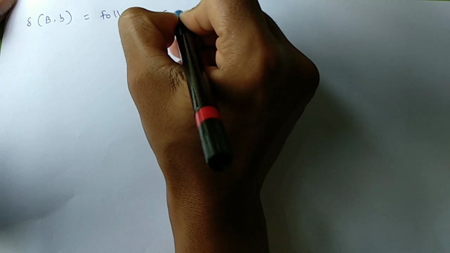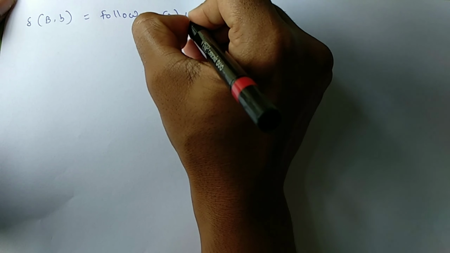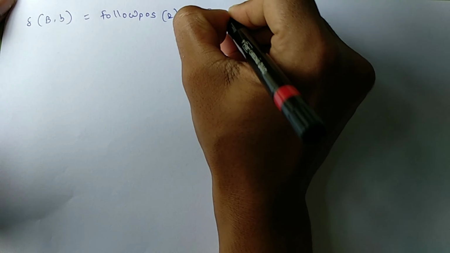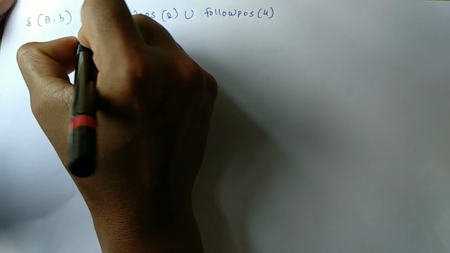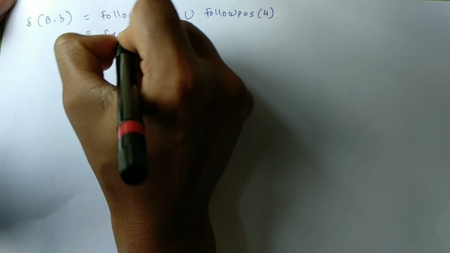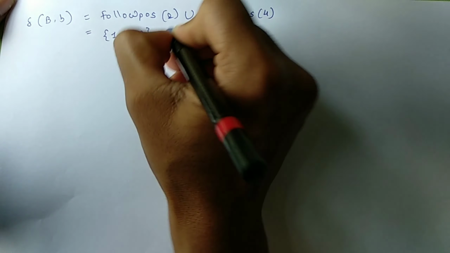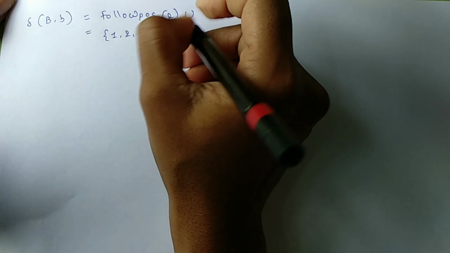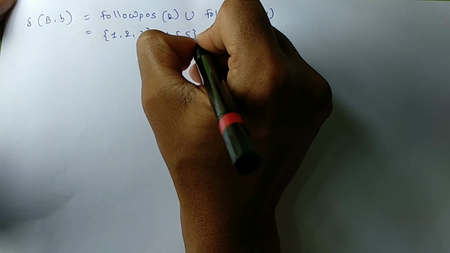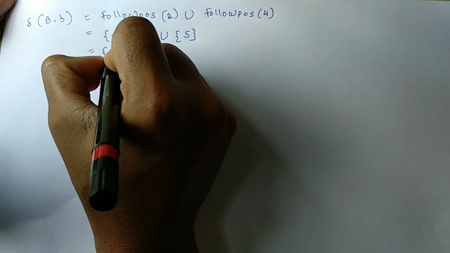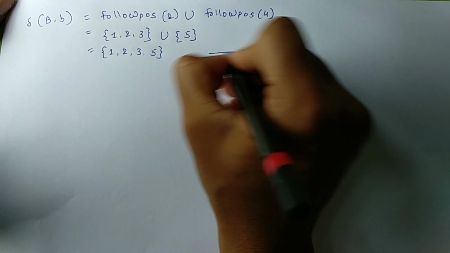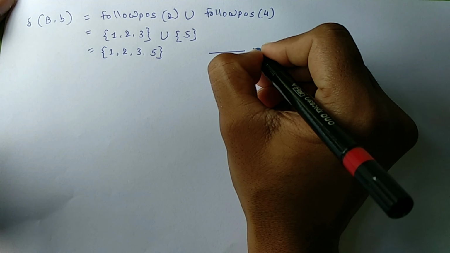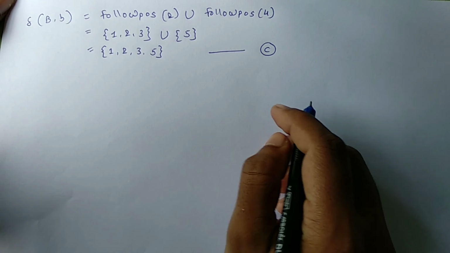So follow position of 2 union follow position of 4. Follow position of 2 is 1 2 3 and follow position of 4 is 5. So 1 2 3 5. This is a new state, so give the name C.